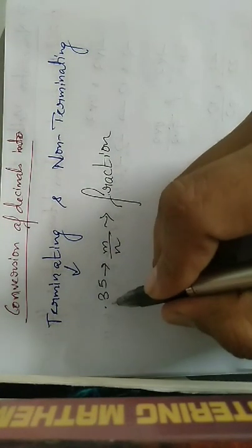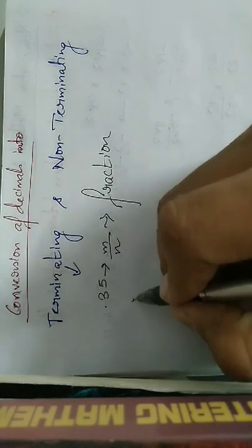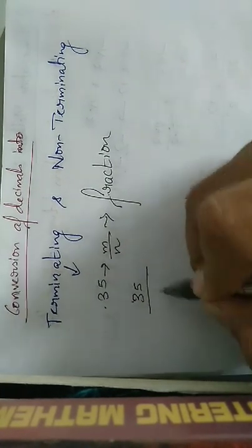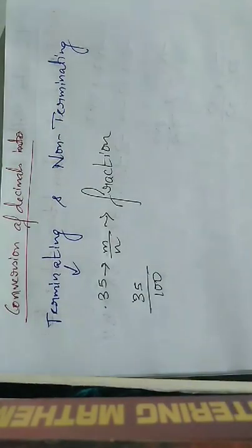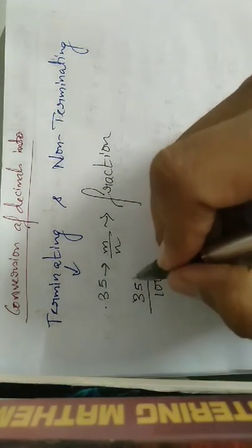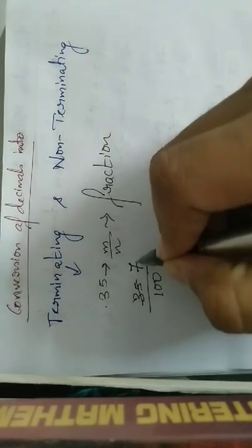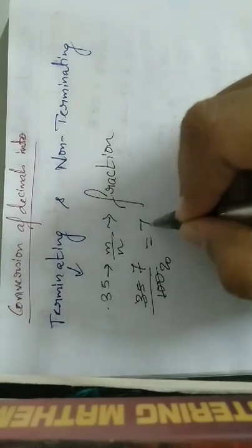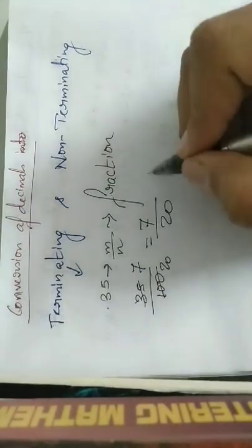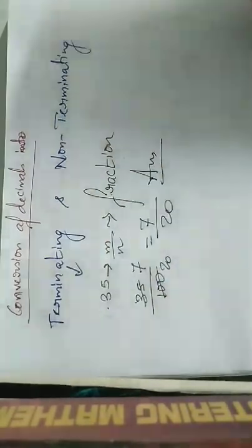So what I need to do is just pull off the decimal. So this becomes 35 by 100. Now they are both multiples of 5. So I'll divide 35 by 5, that gives me 7, and I'll divide 100 by 5, that gives me 20. So 7 by 20 is the value, and that's the answer.